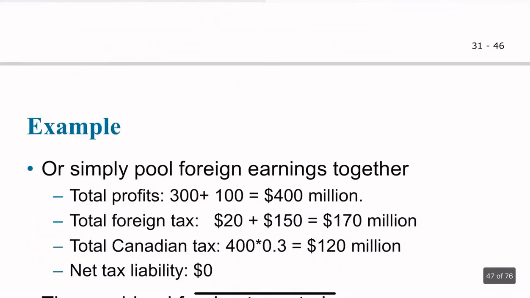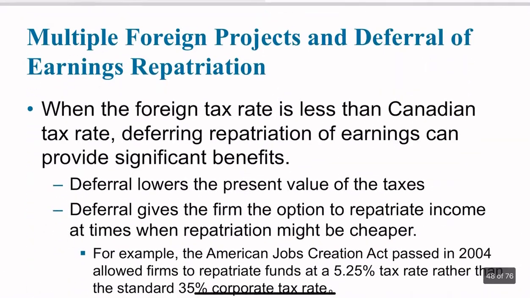Okay, so let's talk about the second topic about multiple foreign projects. The first result is a domestic firm can pool together foreign income.